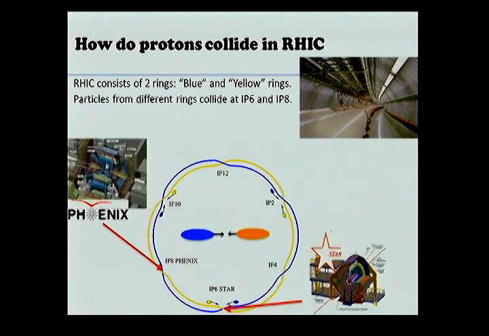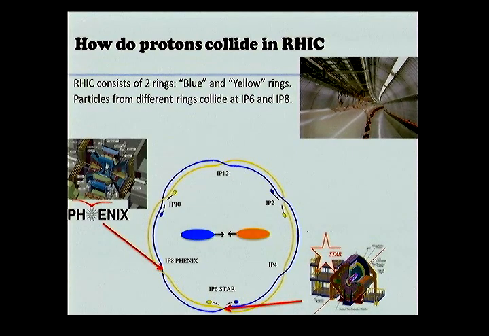The particles from different rings collide at IP6, where the STAR detector is, and at IP8, where the PHENIX detector is. The detectors are used to detect what happens when 2 protons collide.